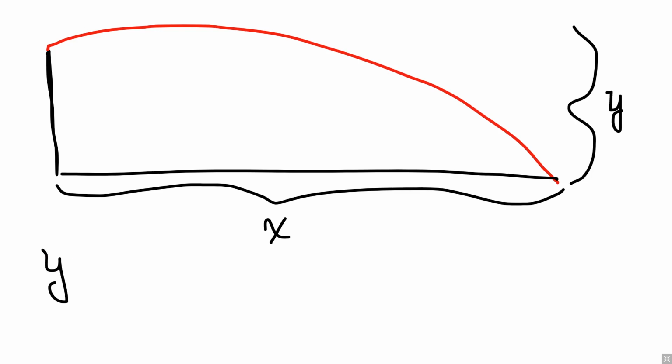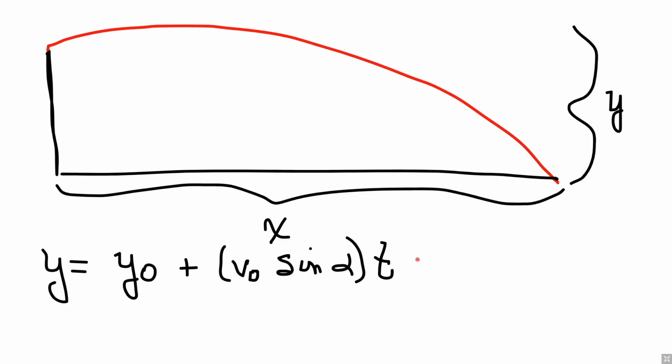So for the Y, we know we've got an initial Y, and then we've got what's happening. So we've got an initial velocity times the sine of alpha times t minus 1/2 g t squared.